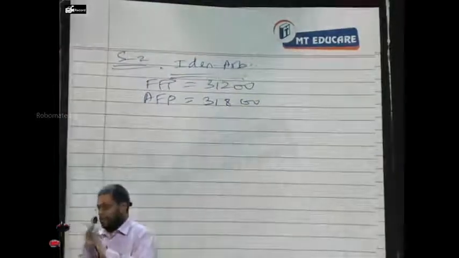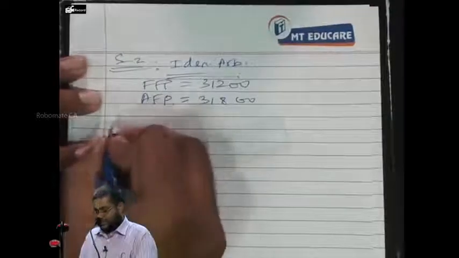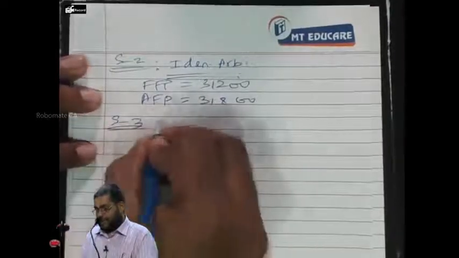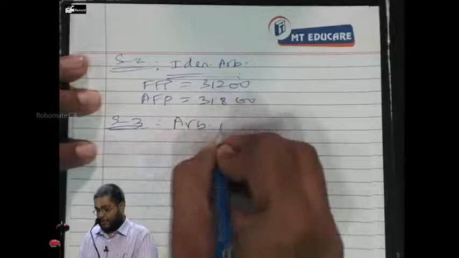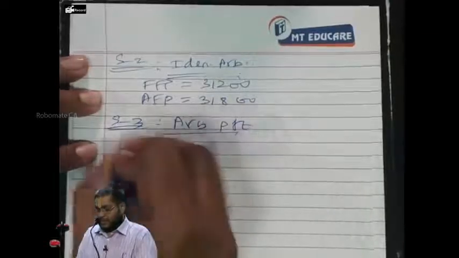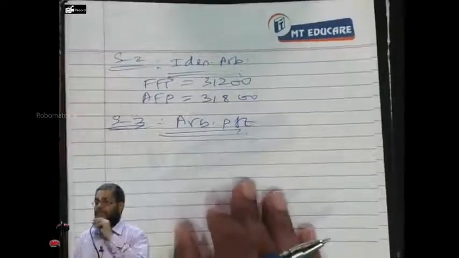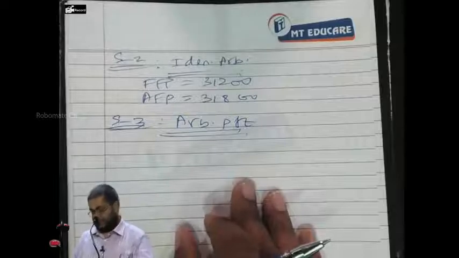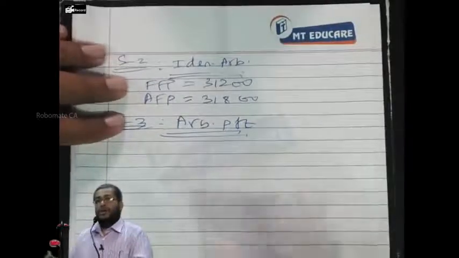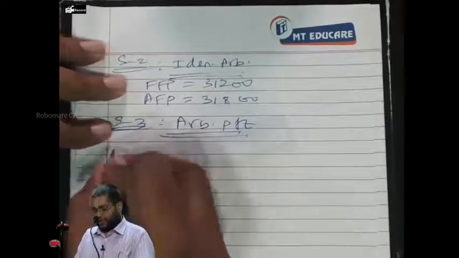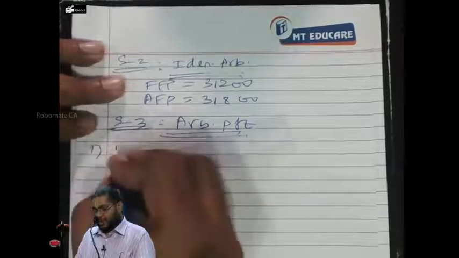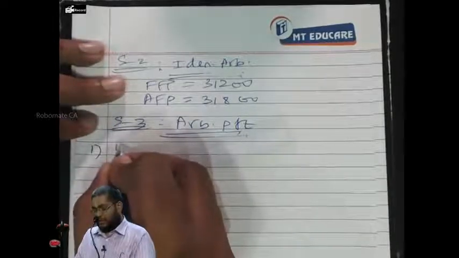Write down step number 3. Step 3. Arbitrage profit. Point number 1. What do you do here?